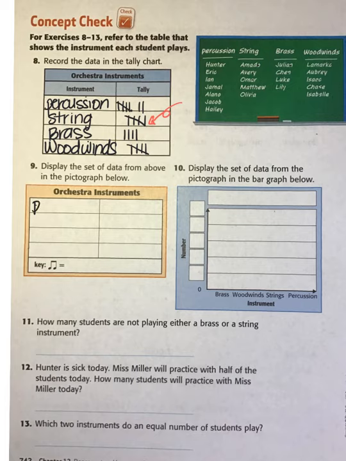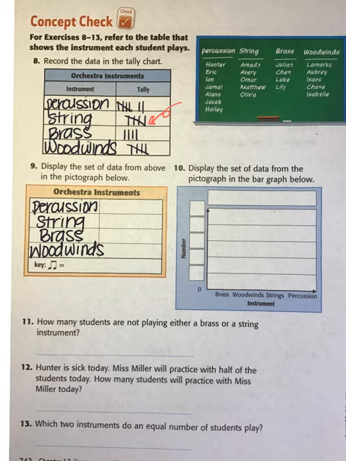One section is going to be percussion. Then we're going to have another one for string. Okay, and then we're going to have a brass section. And we are also going to have a woodwinds section, just like we did in the tally chart.